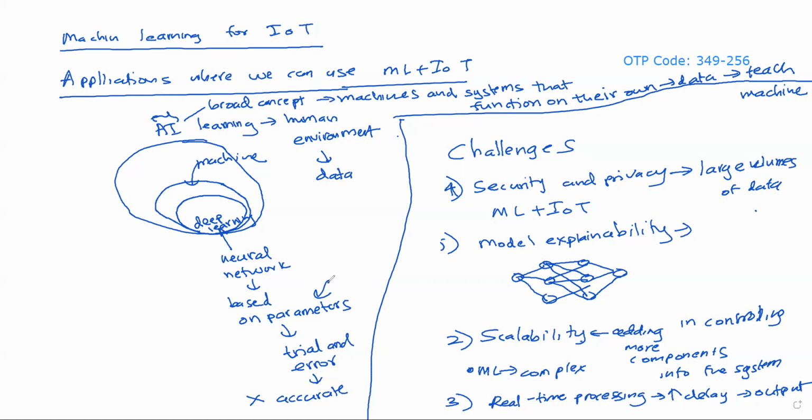Model explainability is difficult when we do not know how we set the parameters. When we do not have a specific method to define the parameters, then we call that model not explainable.